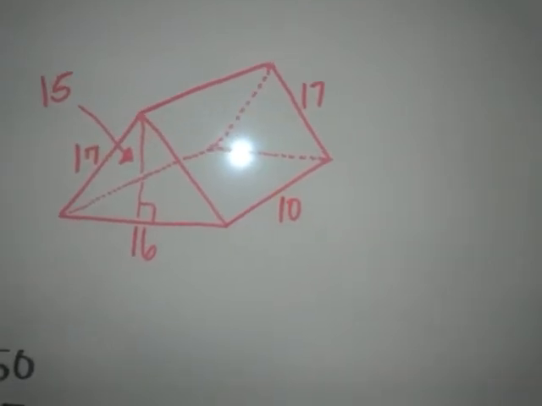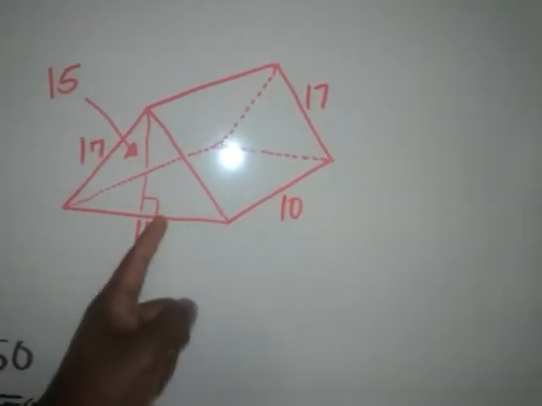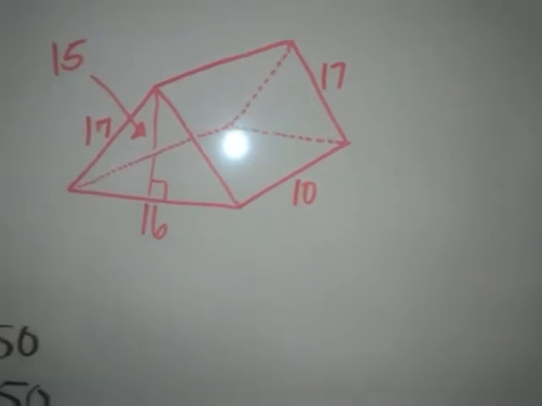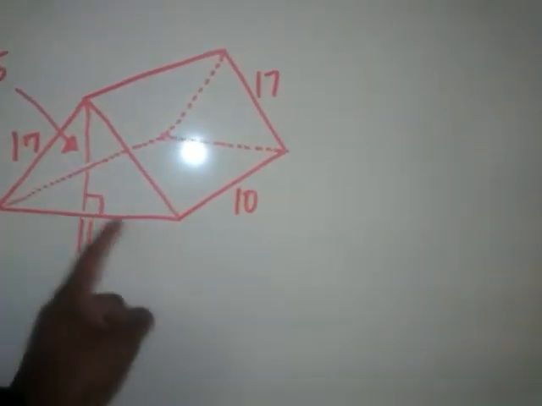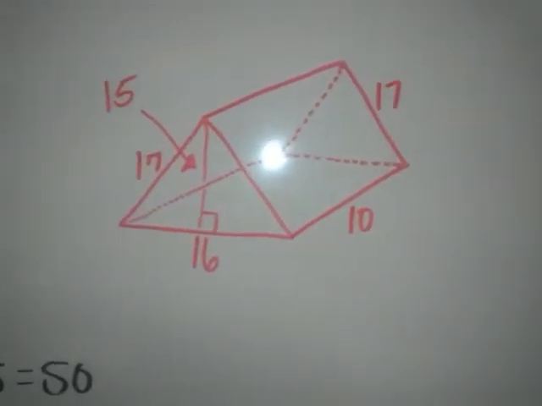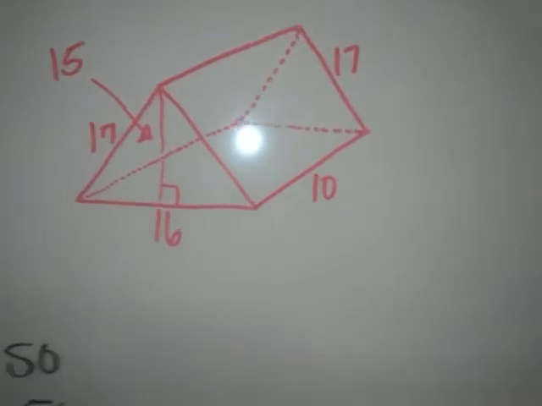Don't forget to divide by 2. Also, your height of your triangle and your base will be touched by the 90-degree angle that is here. If it is not touching neither the base nor the height, it is not an actual dimension that we need for our actual formula for the triangle.